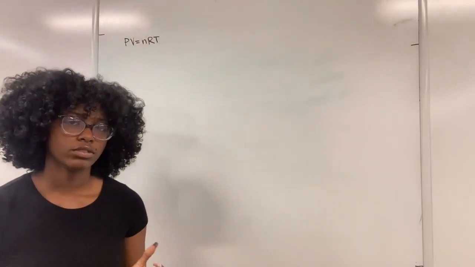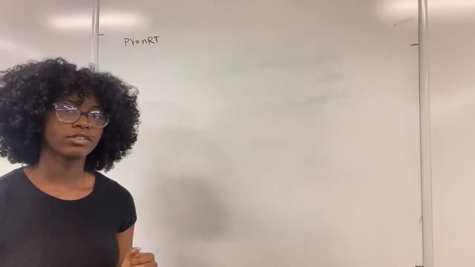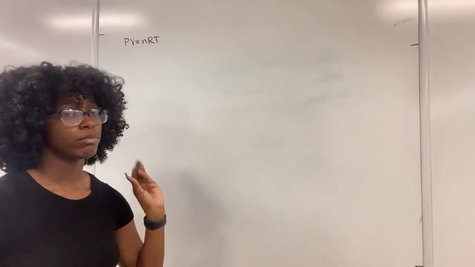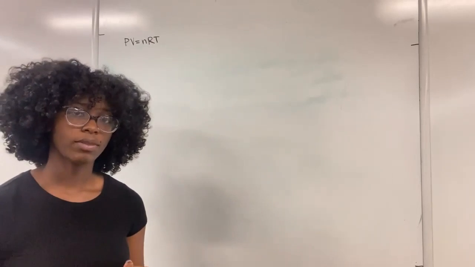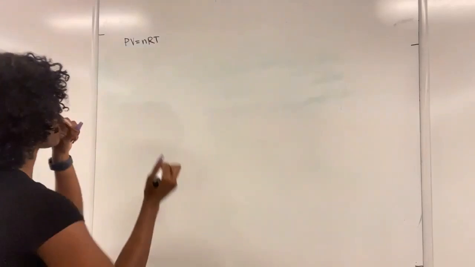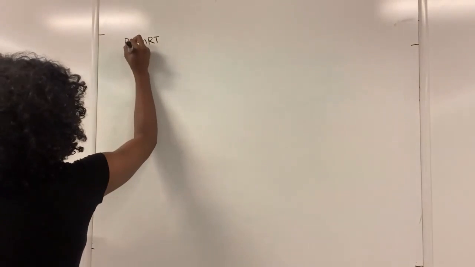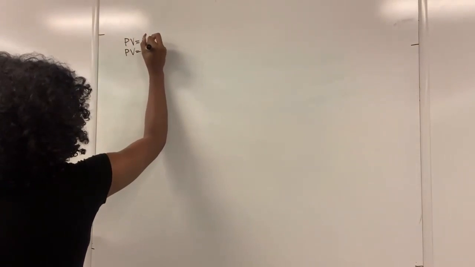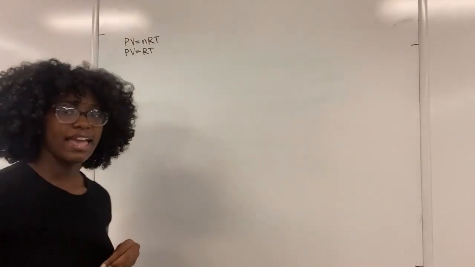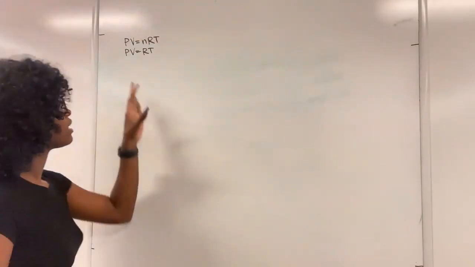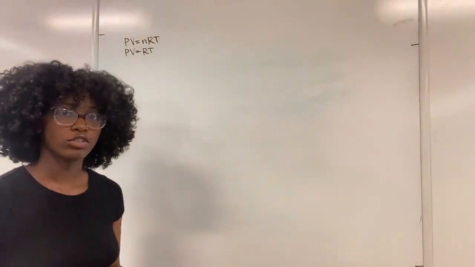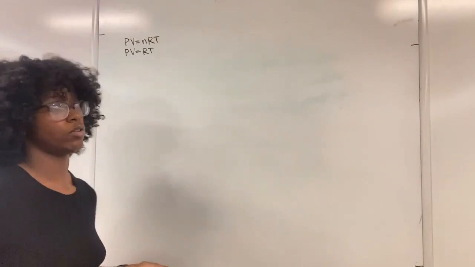But for what we want to do today, we're actually going to set the number of moles equal to 1 so that PV equals RT. And it's also worth mentioning that in this state, the volume is in cubic meters per mole.